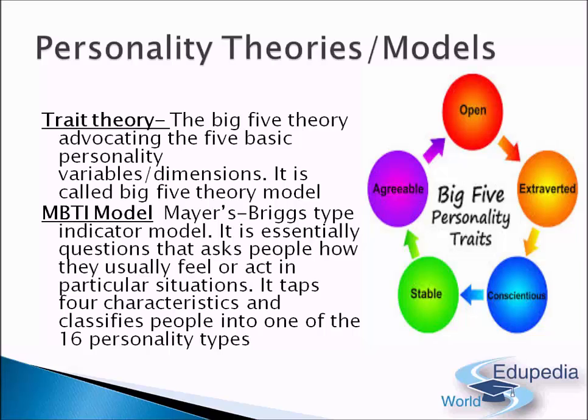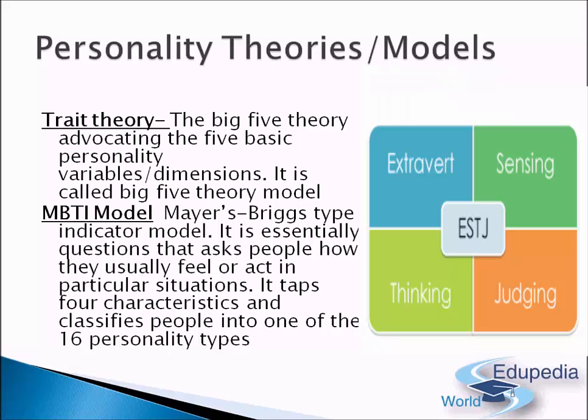Trait theory is the famous theory that is called Big Five theory, and it takes five basic personality variables or dimensions, and that is why it is named the Big Five theory model. The second model is the MBTI model. MBTI stands for Myers-Briggs Type Indicator model.